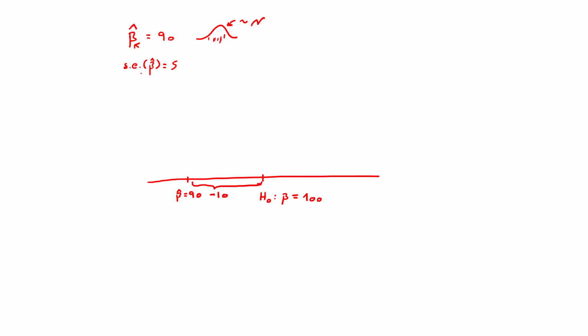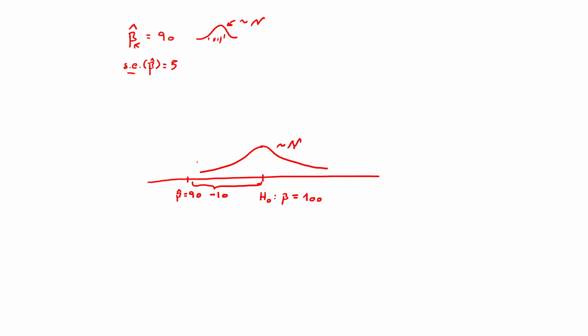And this is where the standard error of this coefficient comes in handy, because if we assume that the standard error, which is 5, is true, or is an unbiased estimate of the true sample distribution of beta hat, then we can draw this normal distribution around the null hypothesis.